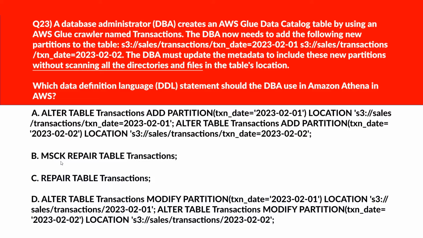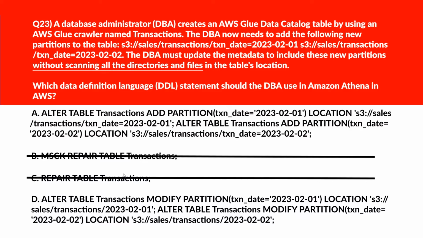Let's move to option B. B says MSCK REPAIR TABLE. MSCK REPAIR TABLE scans all the directories and files to update partitions, which is not efficient for this use case. Incorrect choice. Let's move to C. C says REPAIR TABLE. REPAIR TABLE is not a valid DDL statement in Amazon Athena.